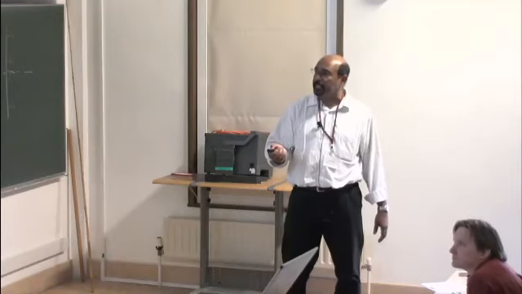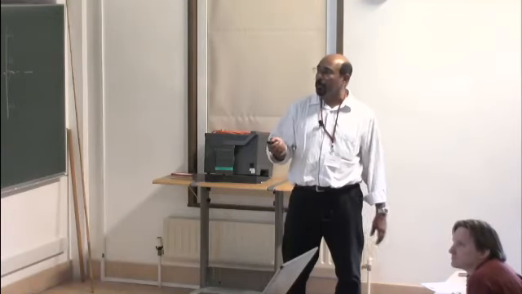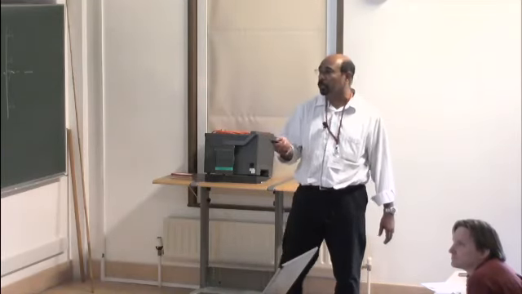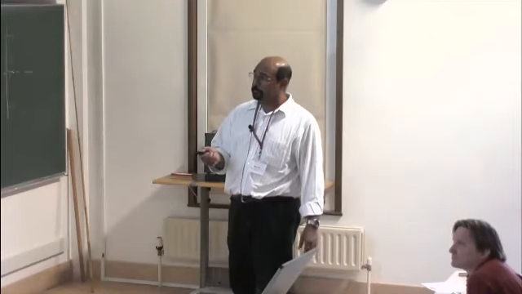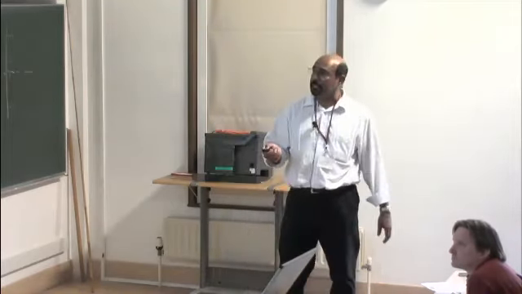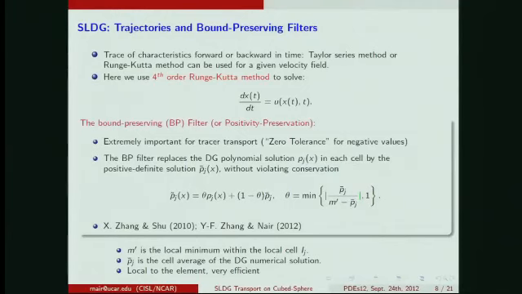P tilde ij is the limited, or cleaned up, solution, which is subject to the conservation law. So this limiter won't take away the conservation property. Here what you need to know is the cell average of the solution, P j bar, which can be easily computed. M star stands for the minimum value in this element. The entire operation is on a local element, so it's very efficient.